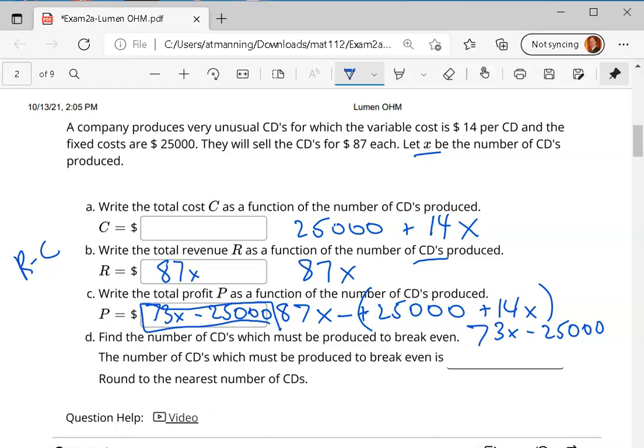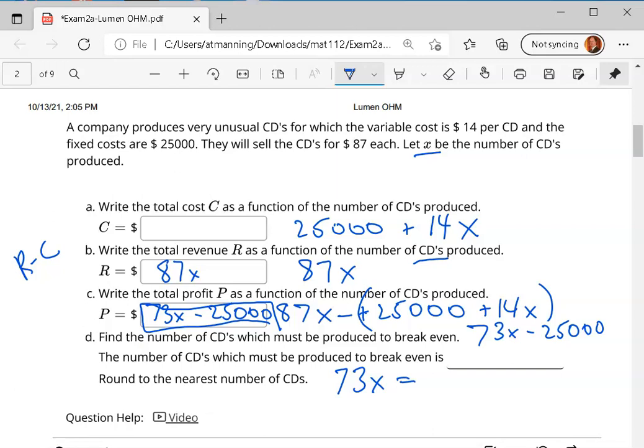Now, to break even, well, that's where my profits are equal to 0, or 73x equals 25,000. That's where I'm just barely breaking even, and then from then on, I earn the $87 each above whatever this number is.